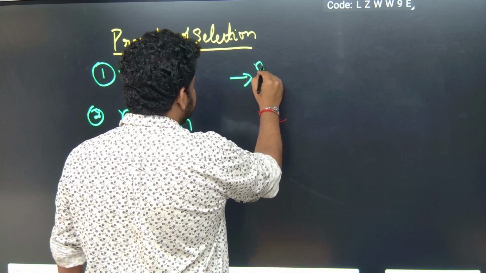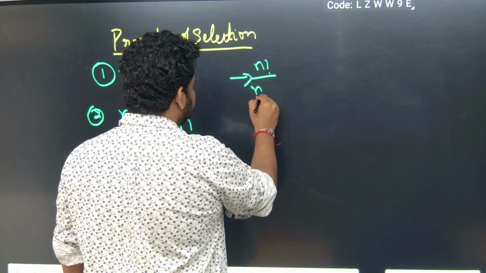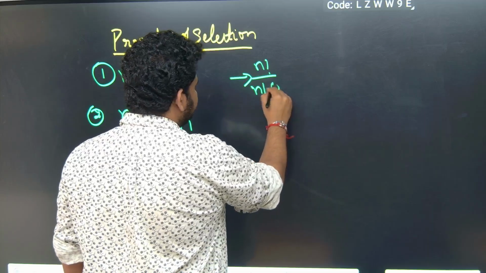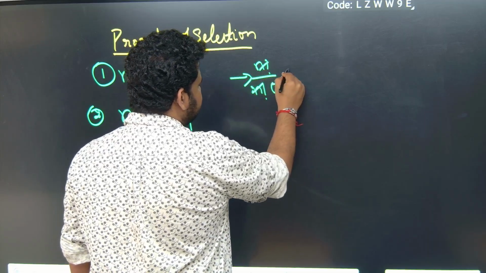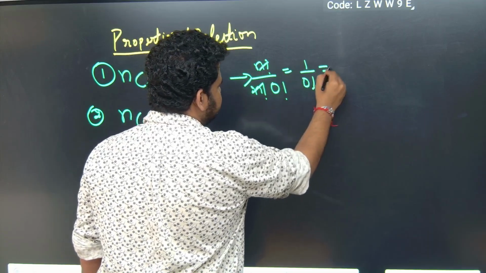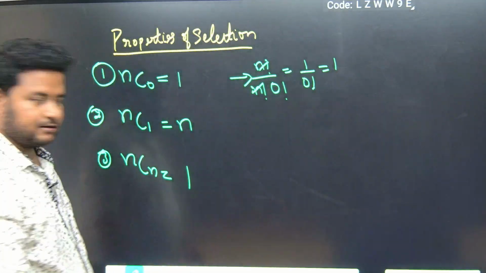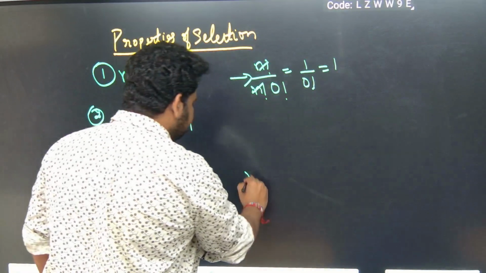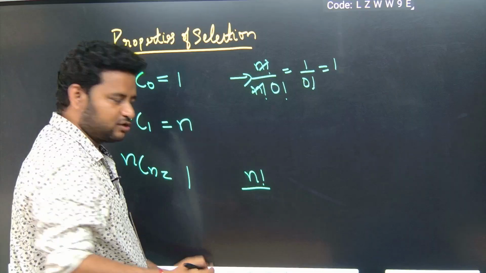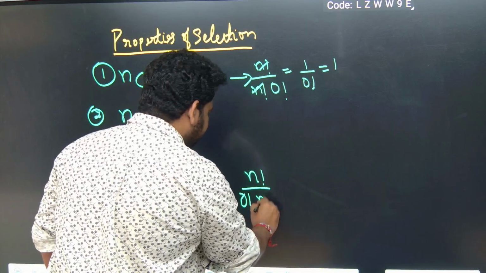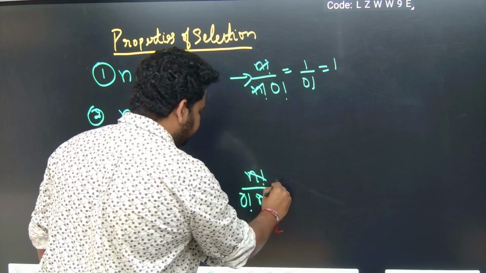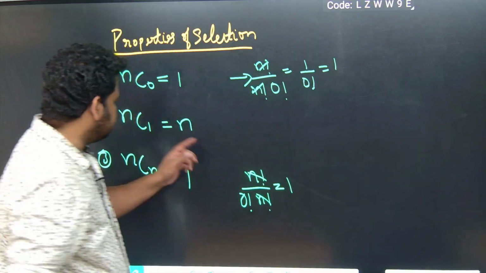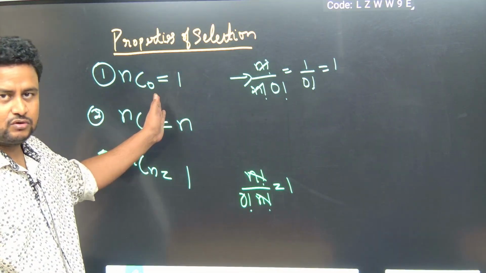I can write it as n factorial by (n minus 0) factorial, which is n factorial itself, into 0 factorial. n factorial cancels, 1 by 0 factorial is 1, so the answer is 1. nCn: the formula is n factorial by (n minus n) is 0 factorial, into n factorial. n factorial cancels, 1 by 0 factorial is 1 by 1, so the answer is 1. That is why nCn is equal to 1, nC0 is equal to 1.